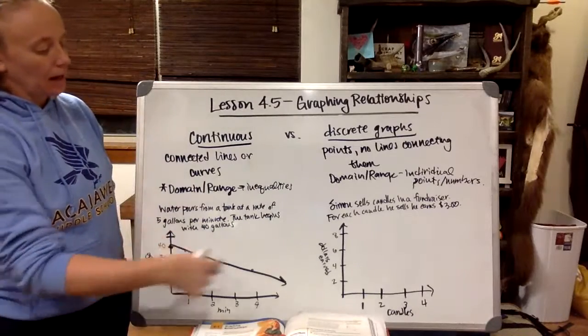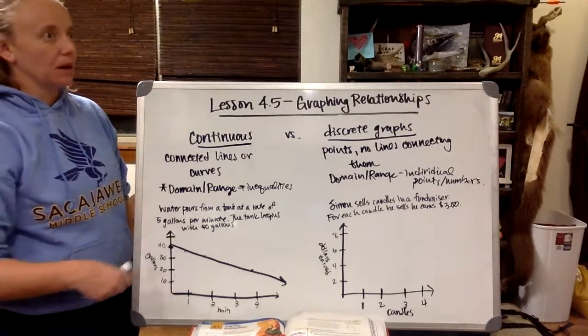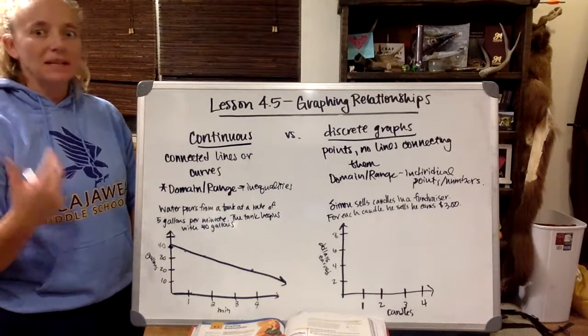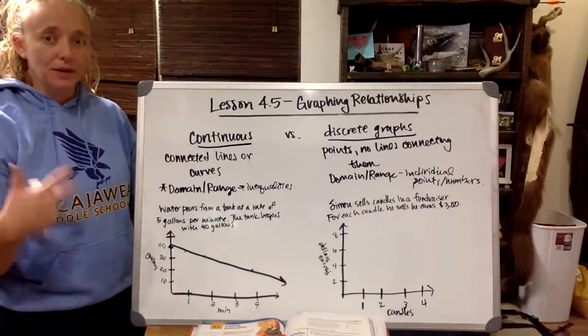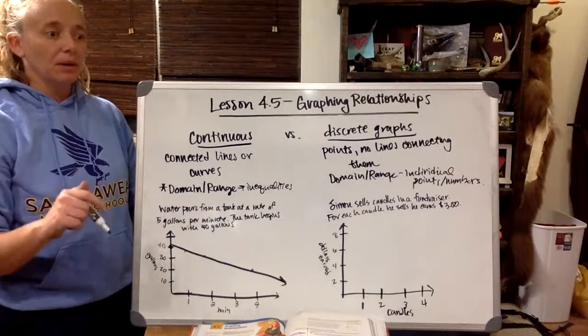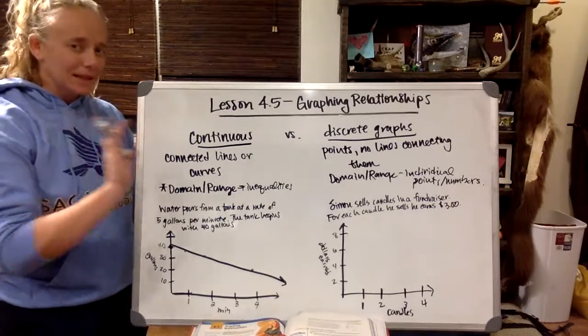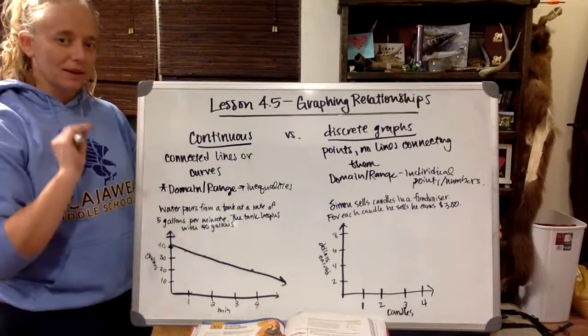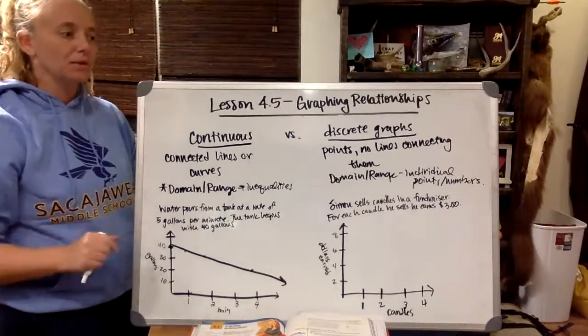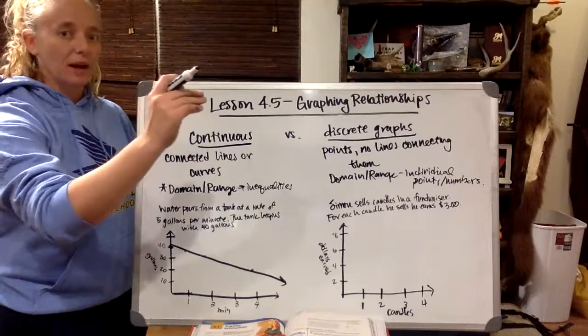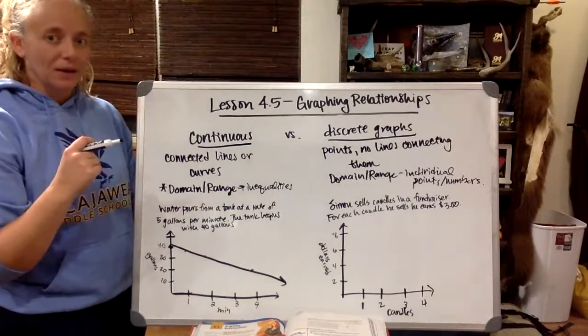Another thing that I could hint to here would be temperature, which tends to increase or decrease over time. People traveling via speed or acceleration, that's a continuous graph. There's no discrete points in those because you're either speeding up or slowing down.